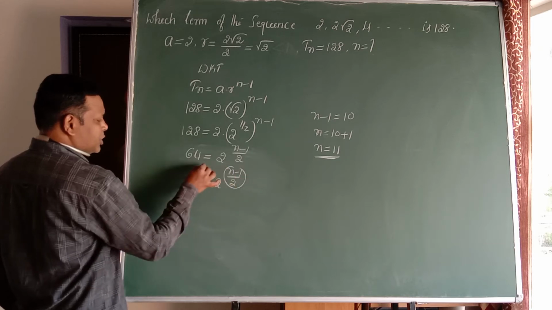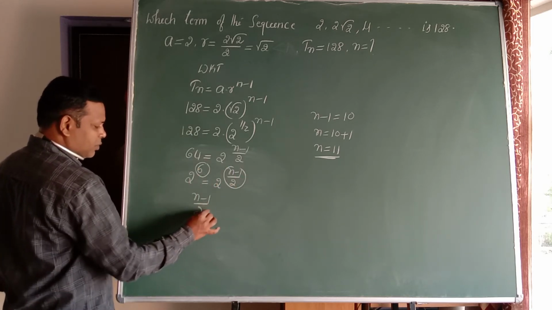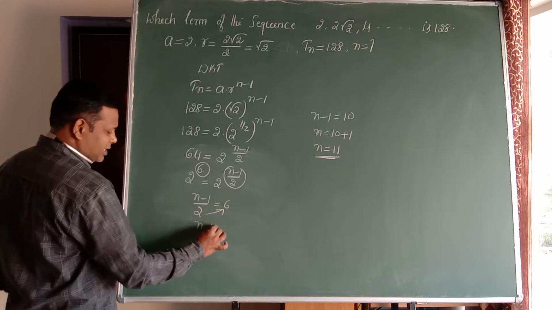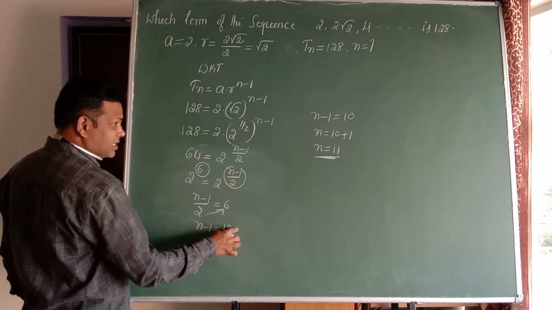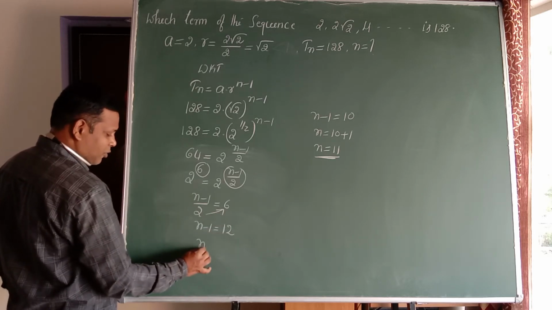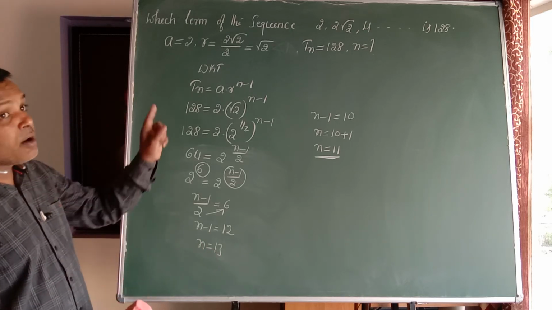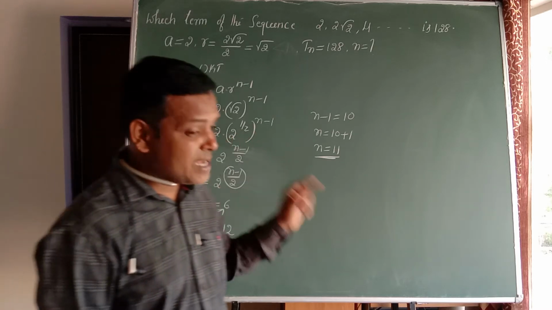Therefore, this quantity should be equal to this quantity. I mean n minus 1 by 2 is equal to 6. Cross multiply here. n minus 1 is equal to 6 twos are 12. So minus 1 when it goes there becomes plus 1. 12 plus 1. Therefore, n is equal to 13. It means the 13th term of the sequence gives the value 128.